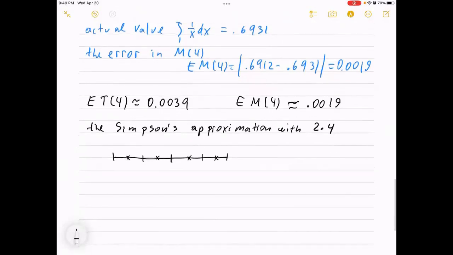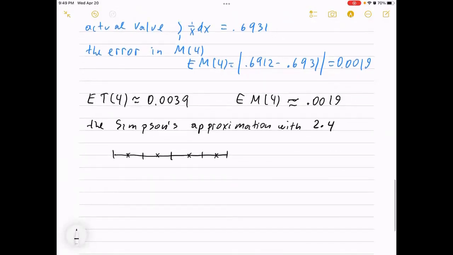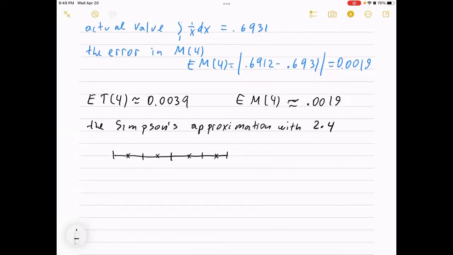That's why it's often called S of 2 times 4, or Simpson approximation with n equals 8. So Simpson of 2 times 4 is going to be equal to a combination of trapezoid T4 and midpoint with 4 subintervals.